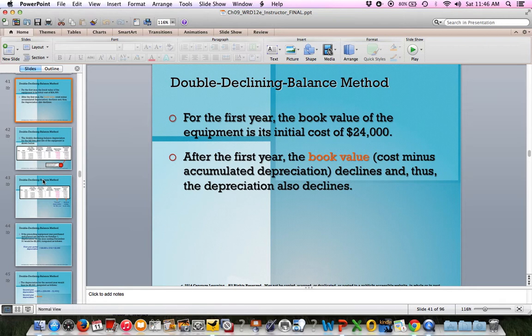Okay, so I'm taking that 40% rate, not times 22,000, which was 24,000 minus 2,000 residual. Instead, I'm taking 24,000 times 40%, and I'll kind of think about that 2,000 in the background because towards the end of the useful life, I'll have to take that into account.